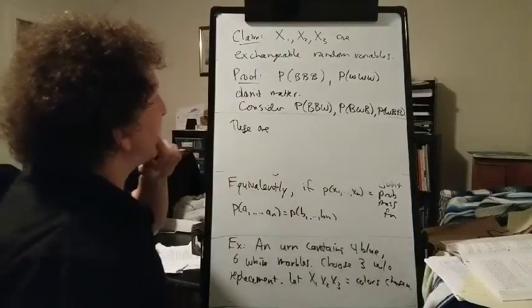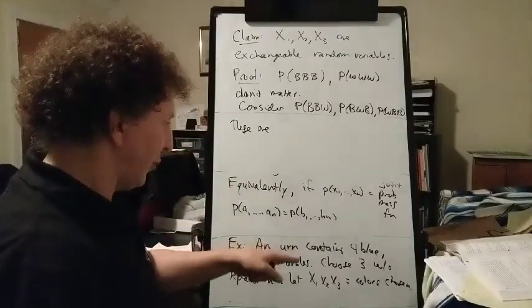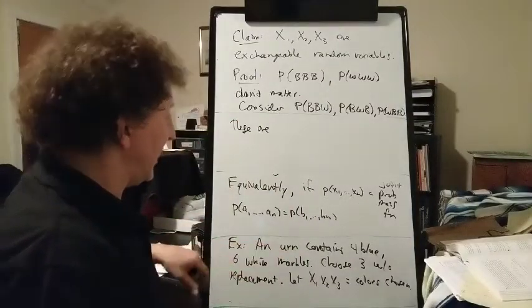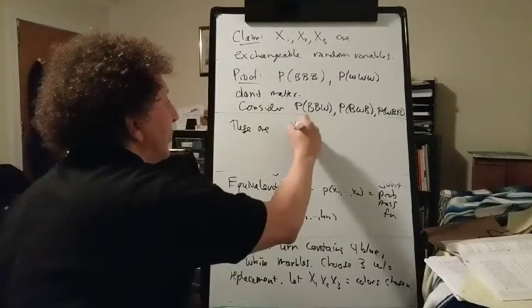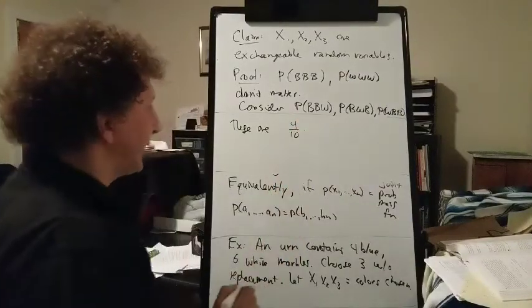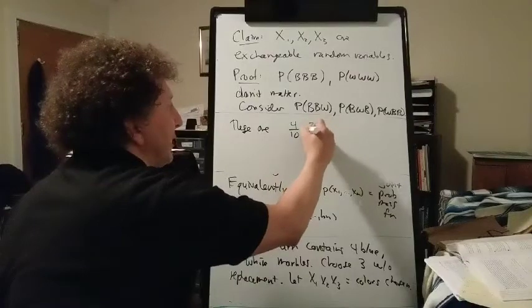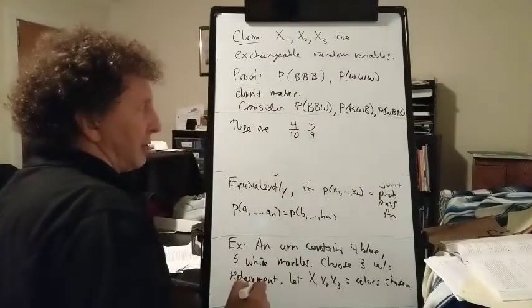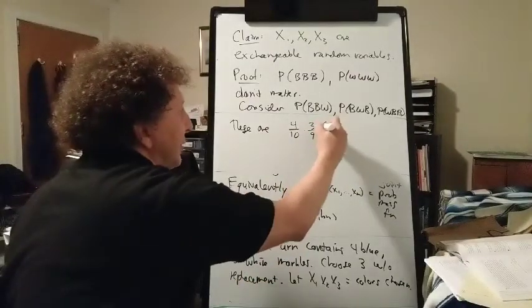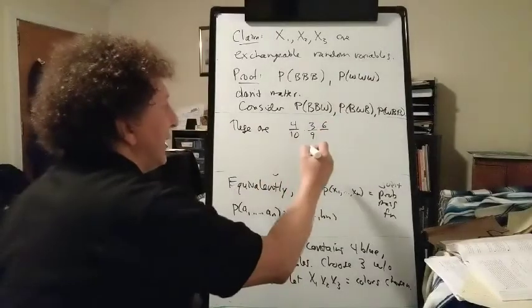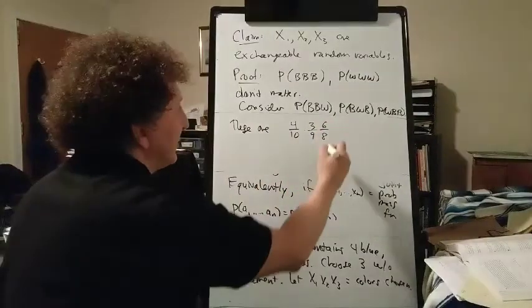So to get a blue first, we've got 4 blue out of 10. So that's 4 tenths. To get a blue second, there's 3 blue left and 9 marbles total. To get a white, there's 6 white out of the 8 marbles that are left.